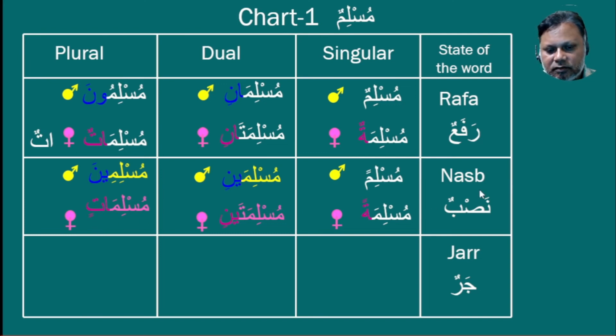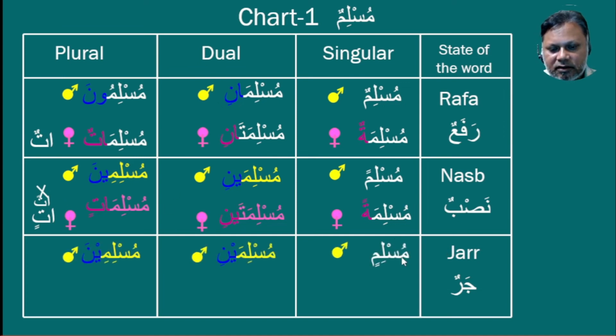In nasab, here it is supposed to be Muslimatan, like in Rafa it is Muslimatun. So in nasab it should be Muslimatan, but this is not the case. The marker is Atin. In nasab, the plural will be Muslimatin. So we need to remember this.